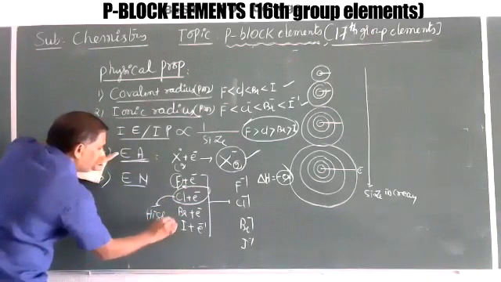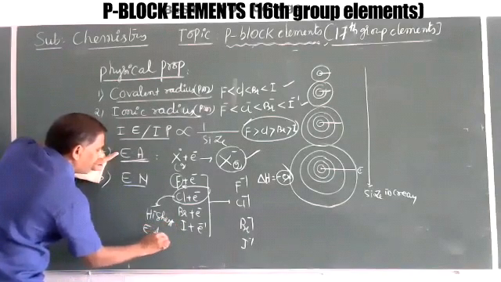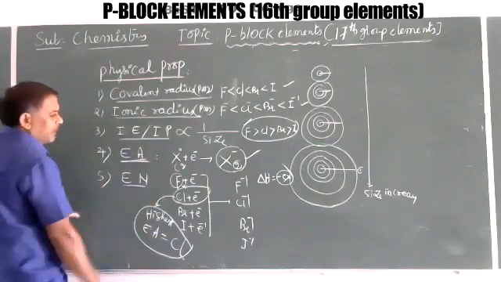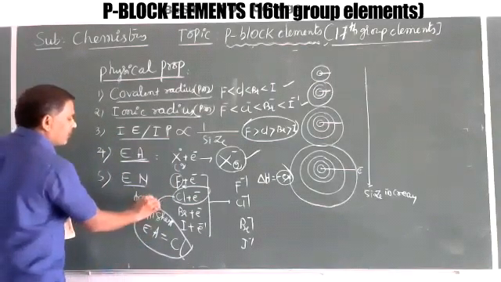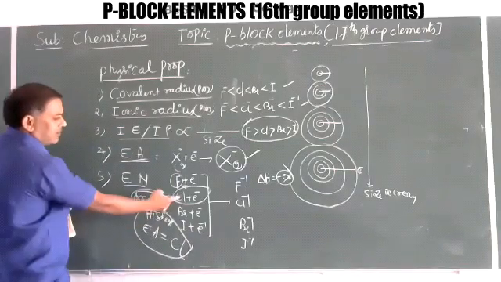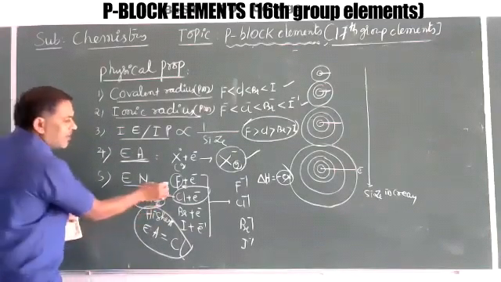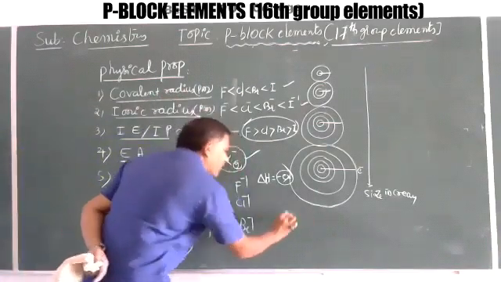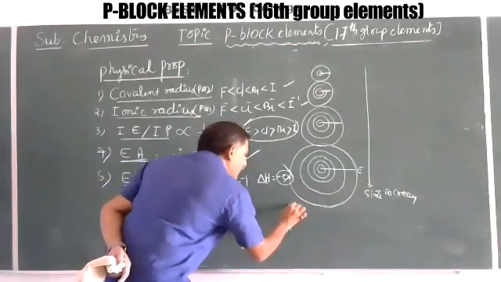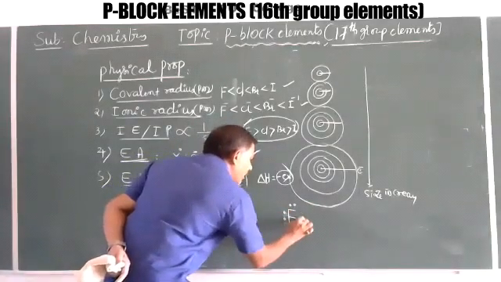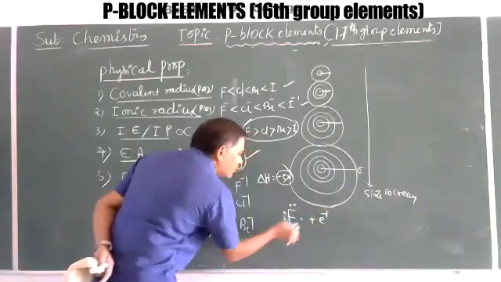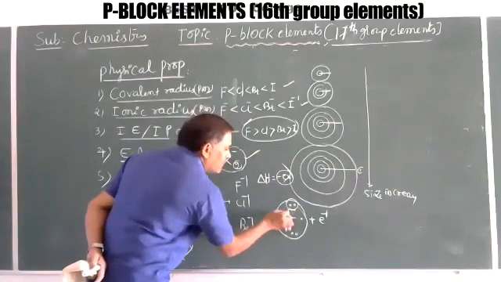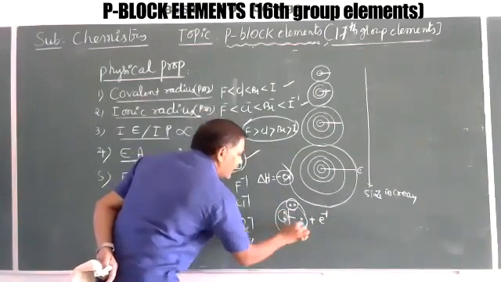The highest electron affinity element is Cl. Not only in this group, among all elements in the long form of the periodic table, chlorine has the highest electron affinity. The reason was already explained to you. To accept one electron, fluorine, due to its small size, has a large number of electrons present in a small space.